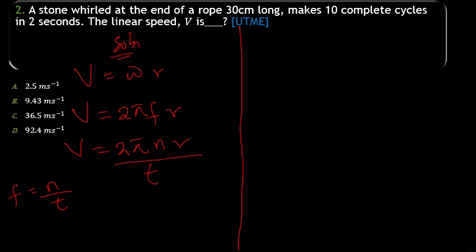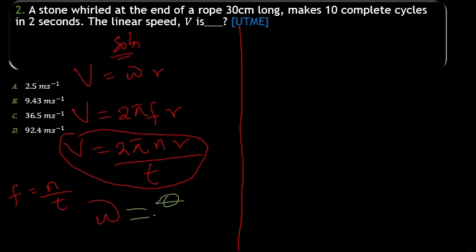Okay, now if you don't want to use this, you can as well recall that omega is equal to angular displacement all over time, but theta in radian is 2 pi times n rad.